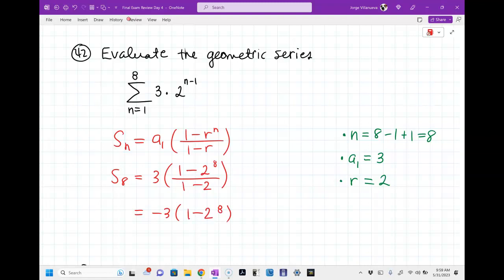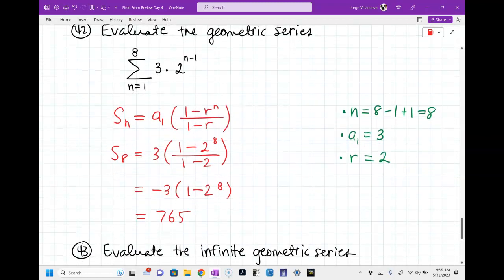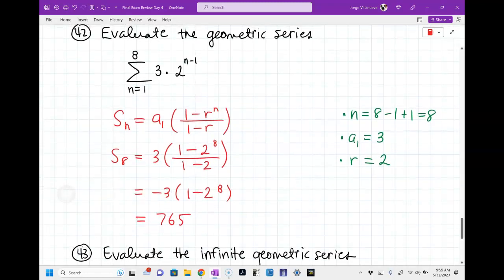So 1 minus 2 to the 8th is negative 255, times a negative 3 is 765. Any questions on that one? We have 2 more to go.